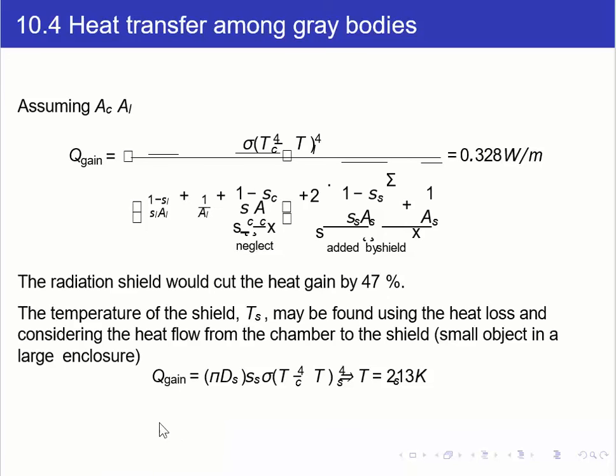Then the radiation shield would cut the heat gain by 47%. By putting in the values we get 0.328 watt per meter. Then the heat cut is 47%. The temperature of the shield Ts may be found using the heat loss and considering the heat flow from the chamber to the shield, which gives 213 Kelvin.